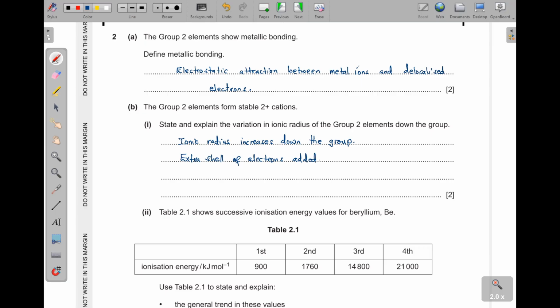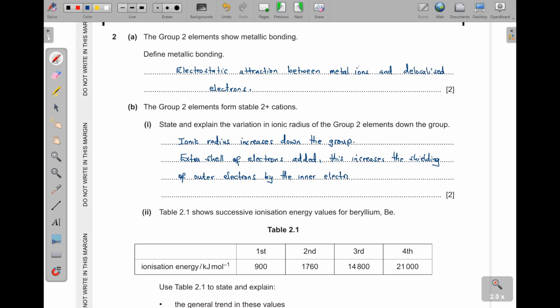And when you do so, this increases the shielding of outer electrons by the inner electrons.